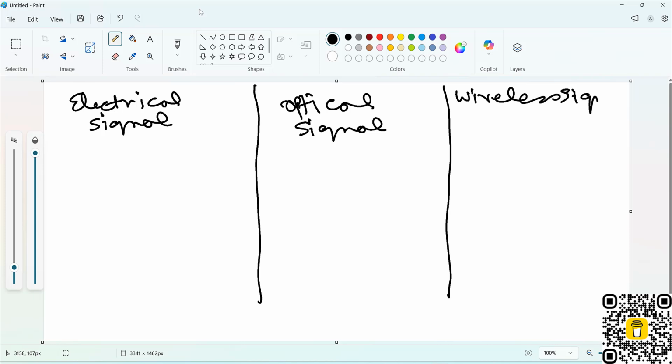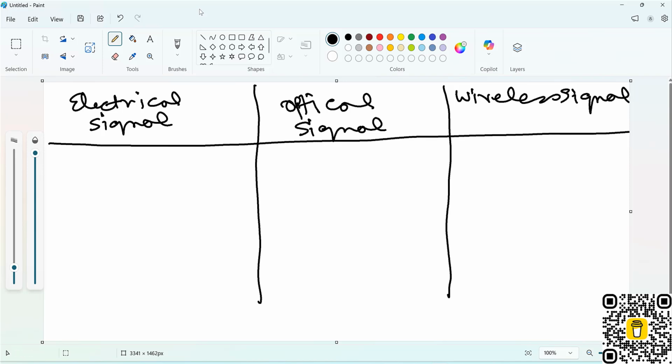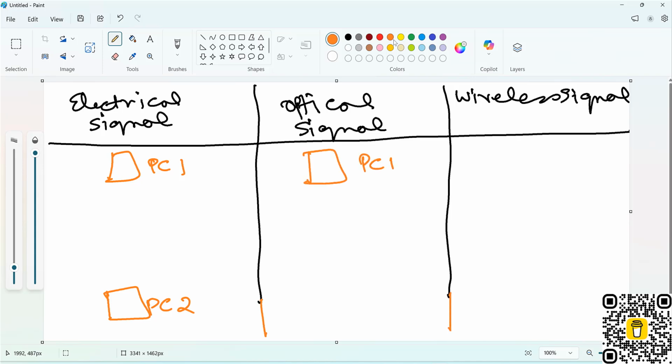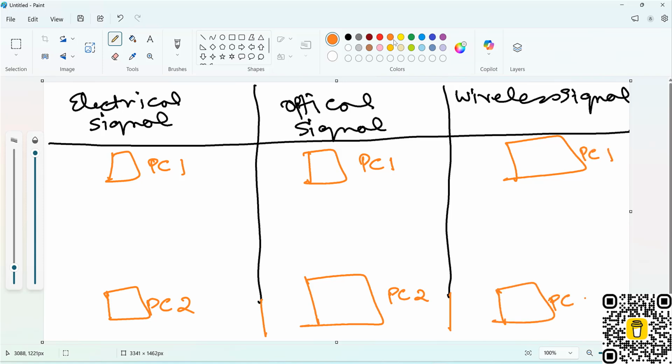For the purpose of simplicity, and for you to easily understand, let's suppose I have a PC1 and a PC2. Then again I have a PC1 over here and a PC2. And again I have PC1 and PC2.